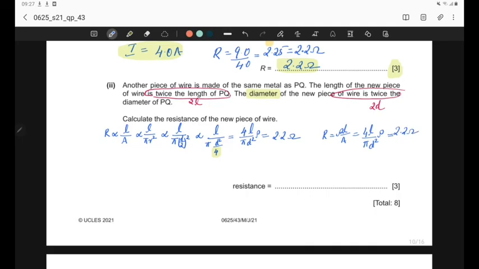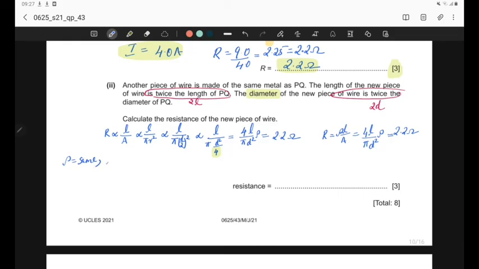But now we have a new wire with the same material. Same material means resistivity rho will be the same, but there are some changes.